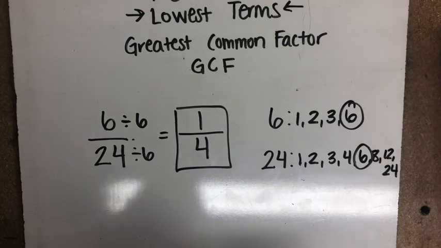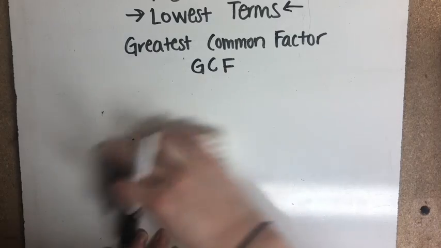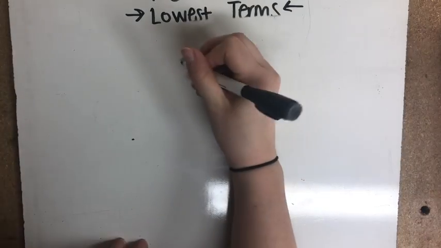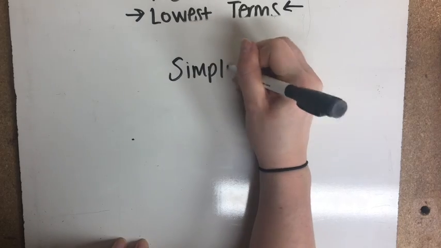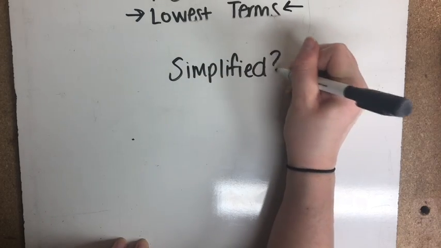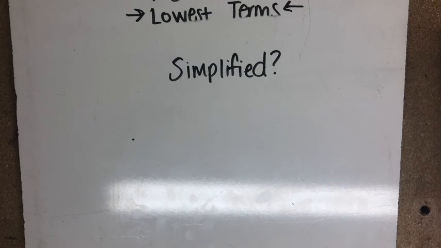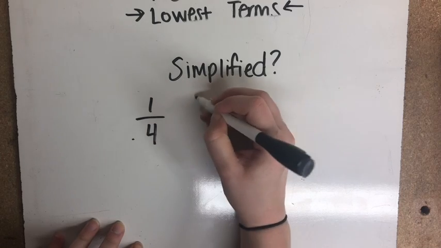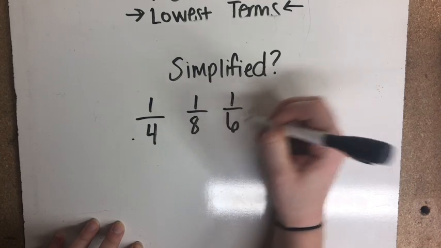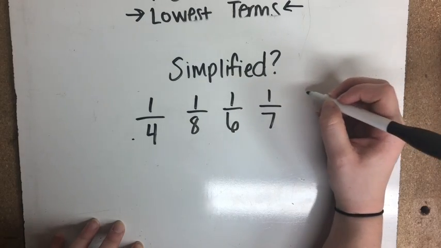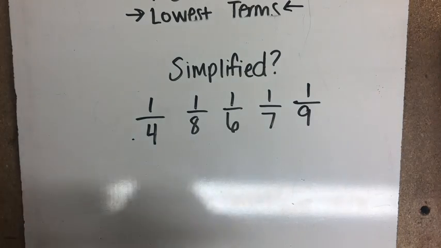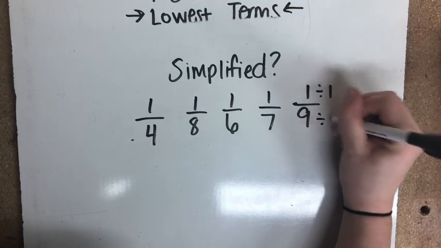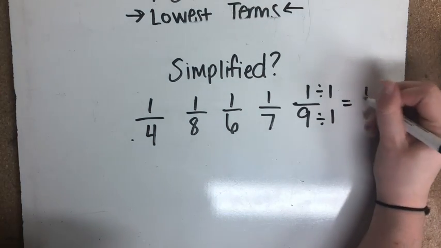Some ways that we can find out if a fraction is already simplified. How do we know? A big way that you can know is if the numerator has a 1 in it. For example, all of these fractions are considered simplified because they all have a numerator of 1. You can't divide anything else out of them because the only thing they would have in common is 1. And we know that when we divide by 1, we get the same thing.